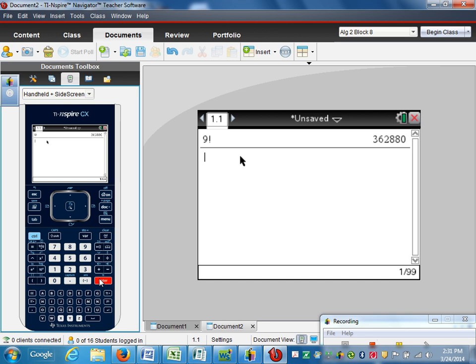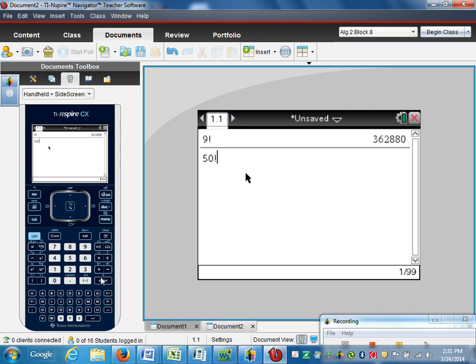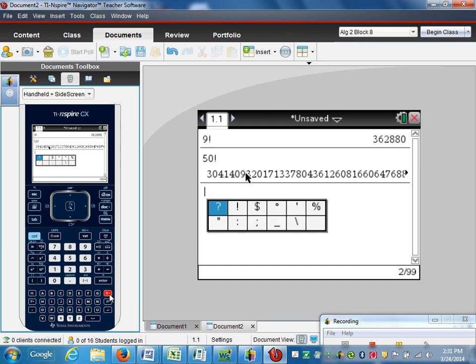I dare you. These calculators will do it. These calculators have much bigger memories. My old calculators wouldn't do this, but these will. To get that factorial button, it's this button right beside the G. Hit that button, and you'll see factorial. Notice there's still digits off the screen.